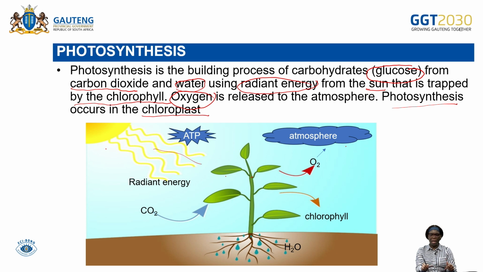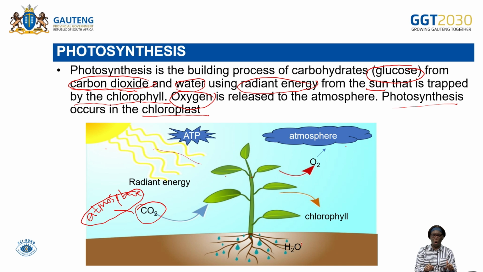This process occurs from the raw material, that is carbon dioxide. Carbon dioxide from the atmosphere is one of the requirements for photosynthesis to take place, together with what?